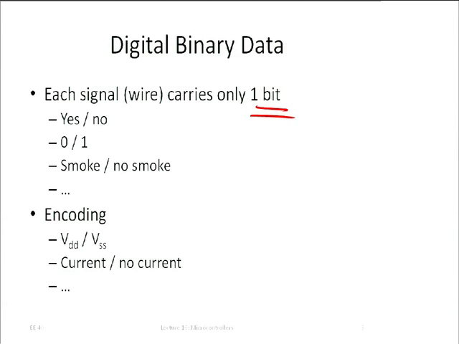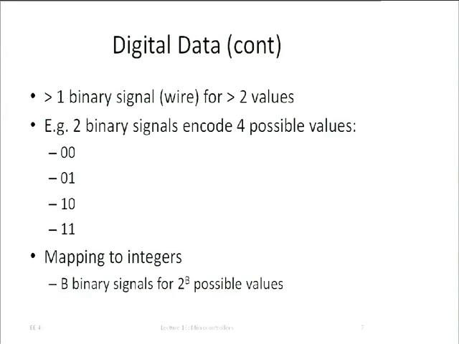Now, obviously, being limited to just 2 possible values is a little bit restricting, but fortunately it's trivial to extend binary systems to more values. Simply, if we have more than 1 binary variable, then we can represent as many different values as we would want. So here is shown the trivial example with 2 binary signals, the first one and the second one, and they can each be either 0 or 1, and together we get 4 combinations.